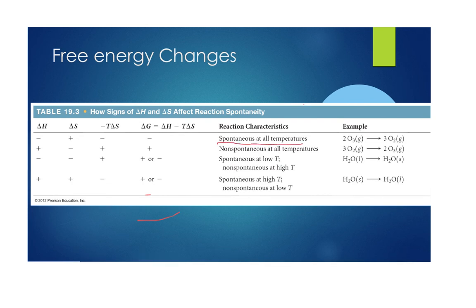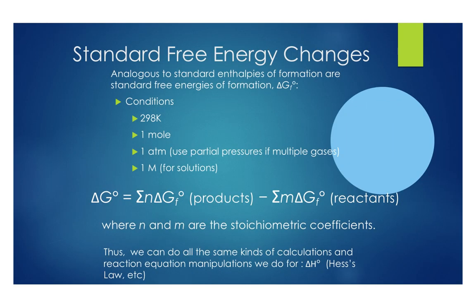If we have the opposite, delta H is positive or endothermic and the entropy is decreasing, that will not be thermodynamically favorable at any temperature. If they're both negative, that will be thermodynamically favored at low temperatures and not at high temperatures. And the opposite is true as well. If they're both positive, it will be thermodynamically favored at high temperatures, but not at low temperatures.